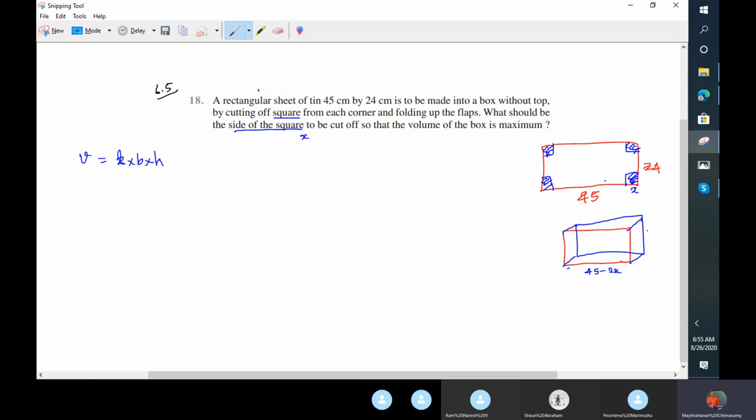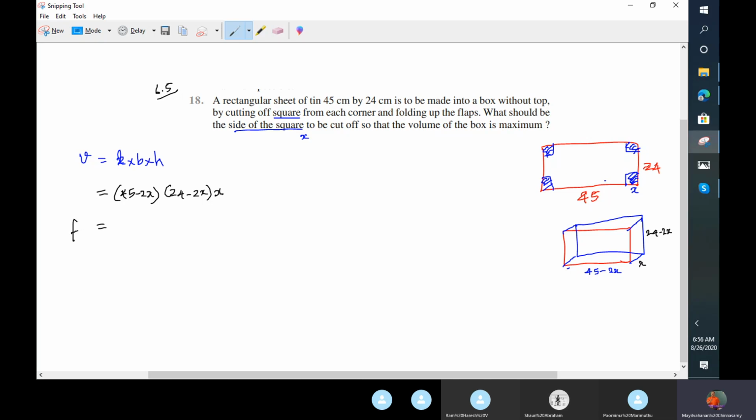The breadth is 24 minus 2x, this side. And what is your height? Height is nothing but x. So the length is 45 minus 2x, the breadth is 24 minus 2x, and the height is x.